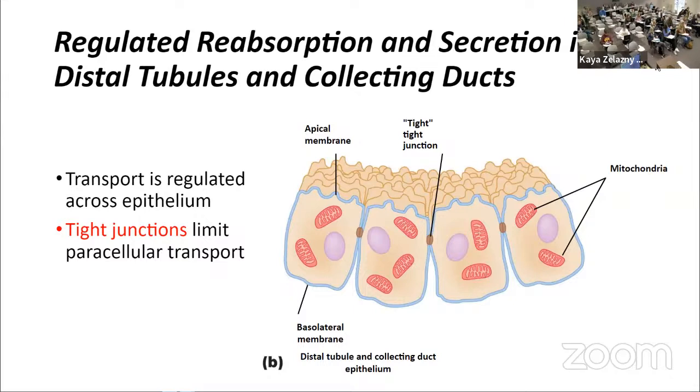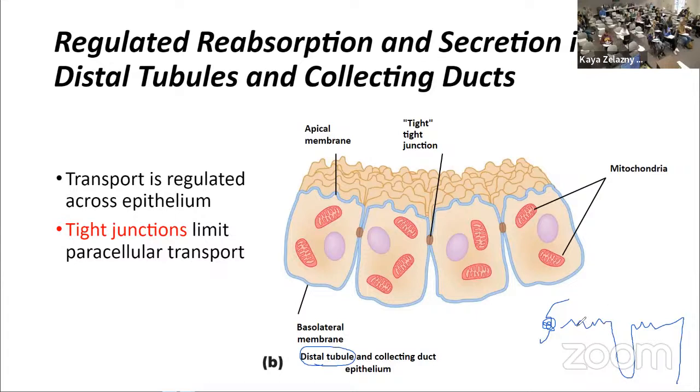Okay, so this cell looks very similar to the epithelium we saw lining the proximal tubule, but this is actually the distal tubule. So my drawings of the nephron are going to get lazier and lazier, right? But here we go, that's my nephron. The glomerulus would have been here. Okay, proximal tubule, loop of Henle, distal tubule, collecting duct.